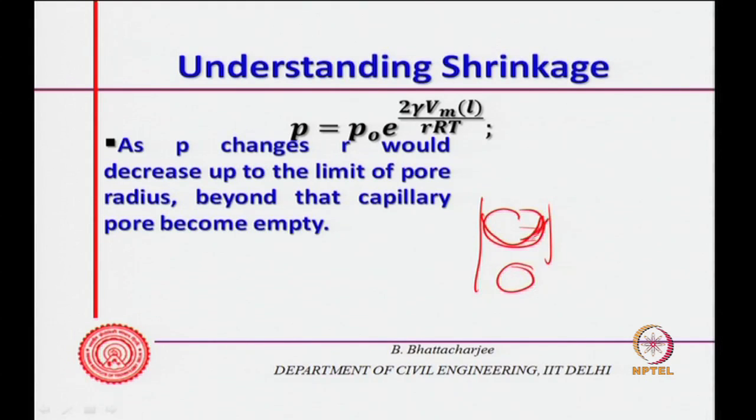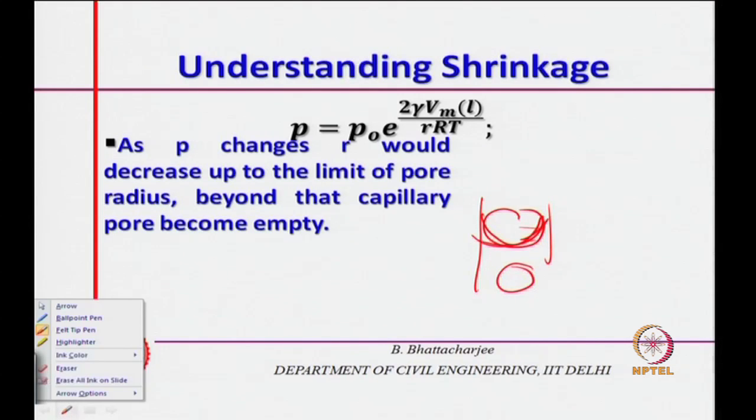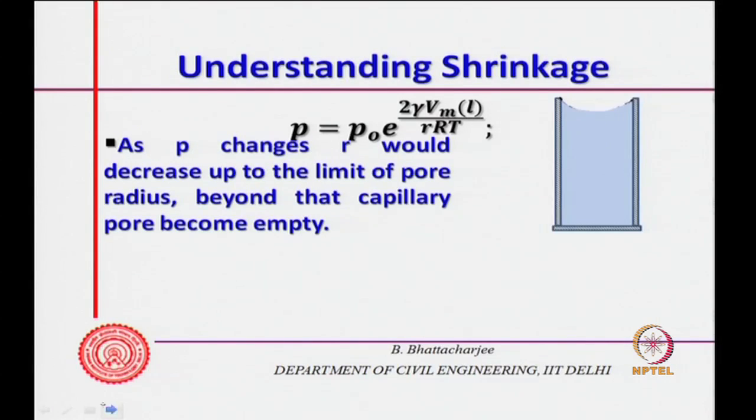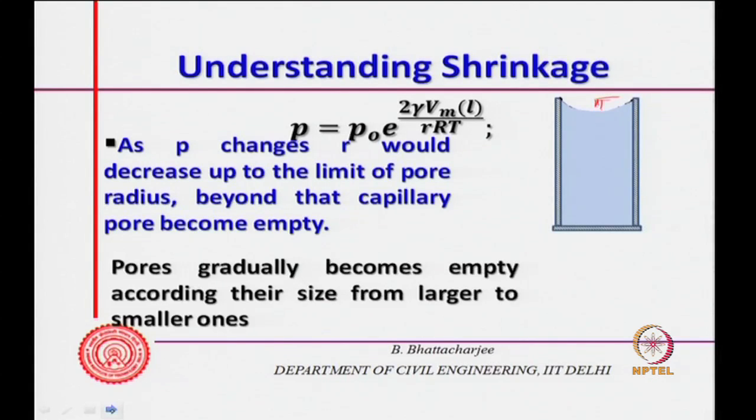Maximum curvature would limit to r equal to the radius of the capillary tube itself. So, if you are looking at a capillary tube, the radius would simply be equal to r. Pores gradually become empty according to their size, from larger to smaller pores. Once this reaches r, further change in the vapor pressure would result in the pore becoming empty.